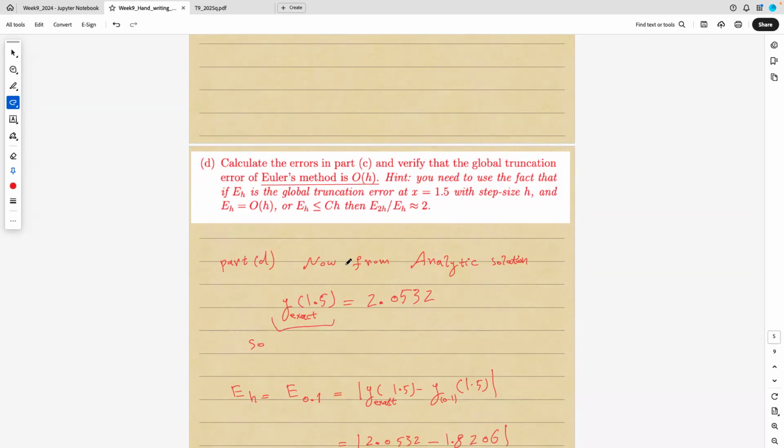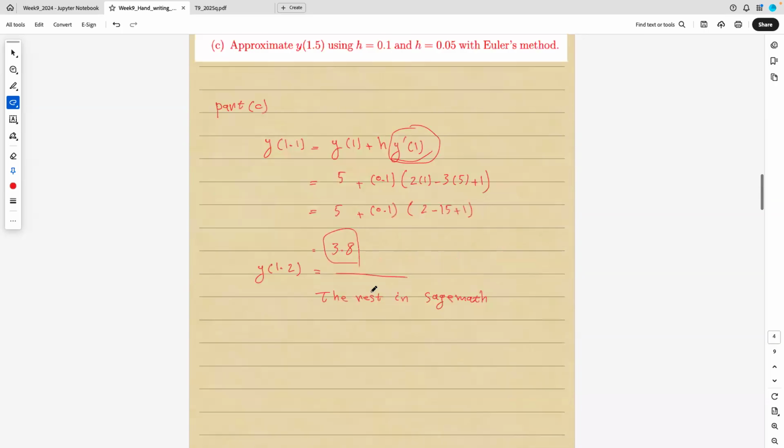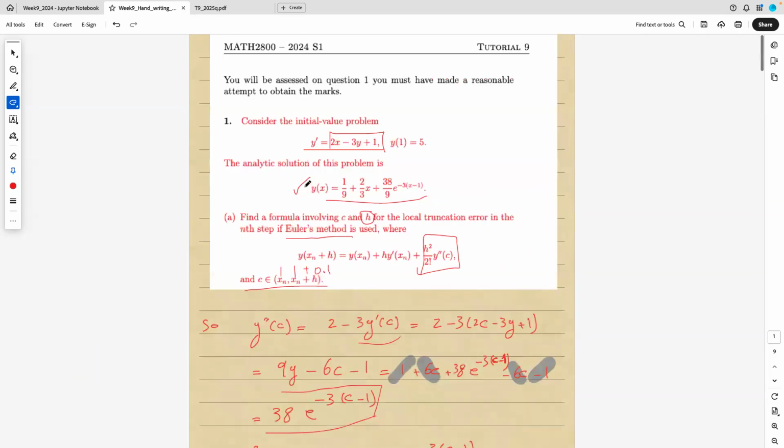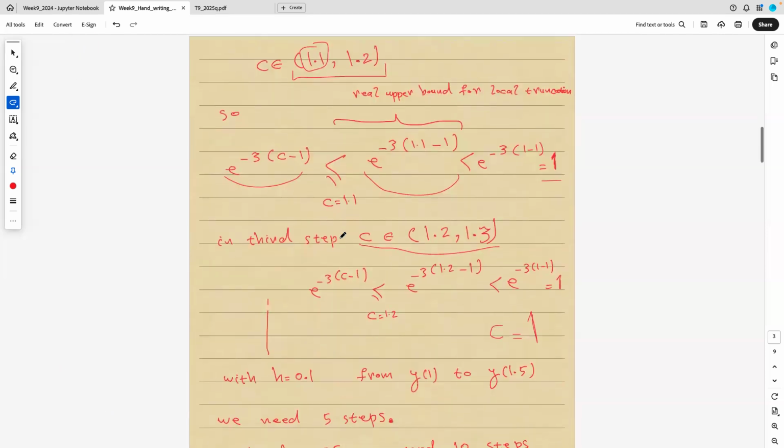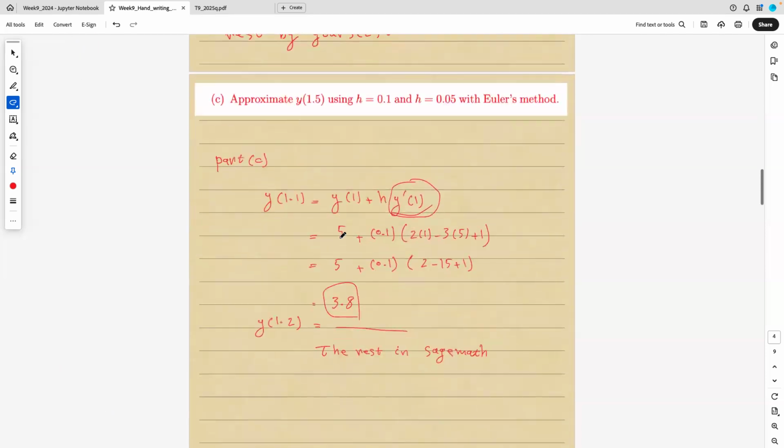Using the analytic solution that is given to us in the question, we can get the exact solution of y of 1.5, and compare it with what we have done using Euler's method, to see how far our numerical solution is from the real solution.